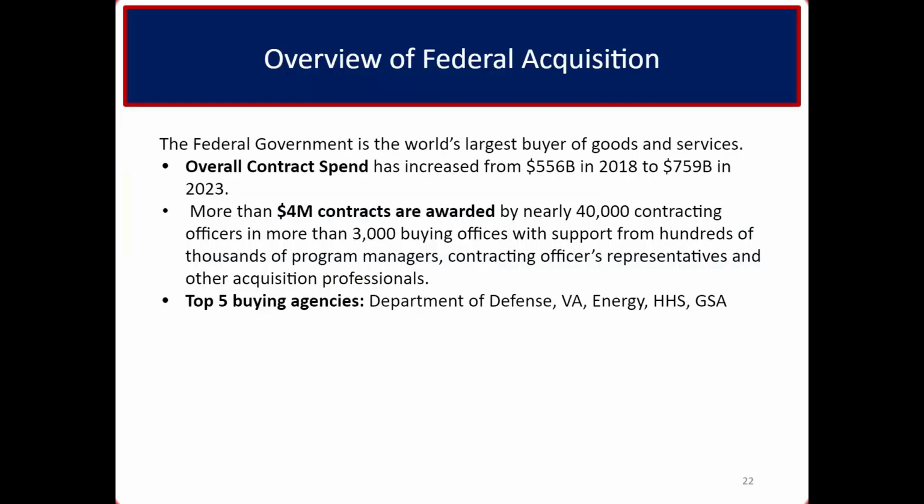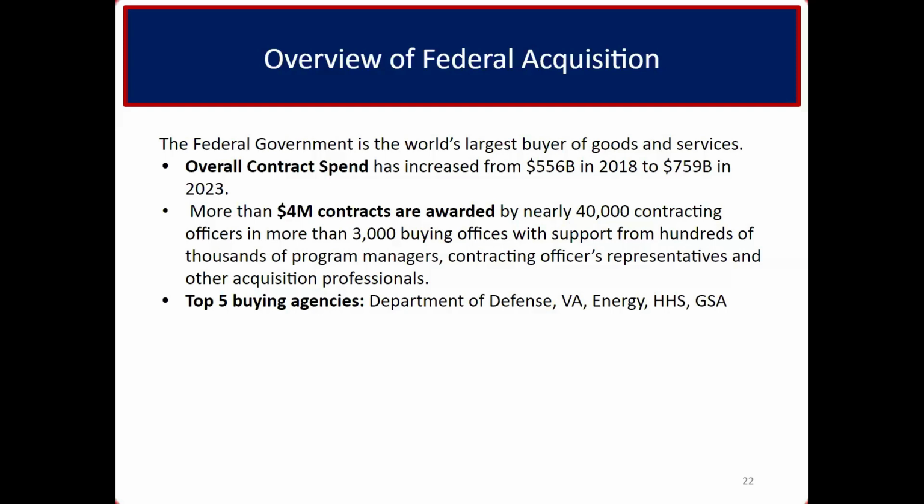Okay, so just setting the stage. I love these statistics because I think a lot of people don't understand how widespread, how big federal acquisition is. It's great. So we are the world's largest buyer of goods and services. The contract spend has increased recently from 2018. We had $556 billion. And in 2023, we have $759 billion in spend. That's a lot of money, right? So it makes it very important that we do this right.